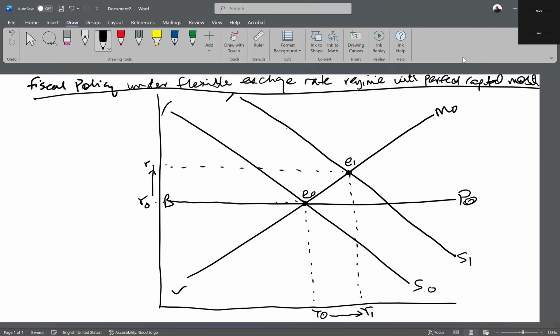So income will go back from Y1 to Y0, whilst interest rates will also fall back from R1 to R0. So in the end, we come back to E0. So fiscal policy is not effective under flexible exchange rate regime. Is that okay?